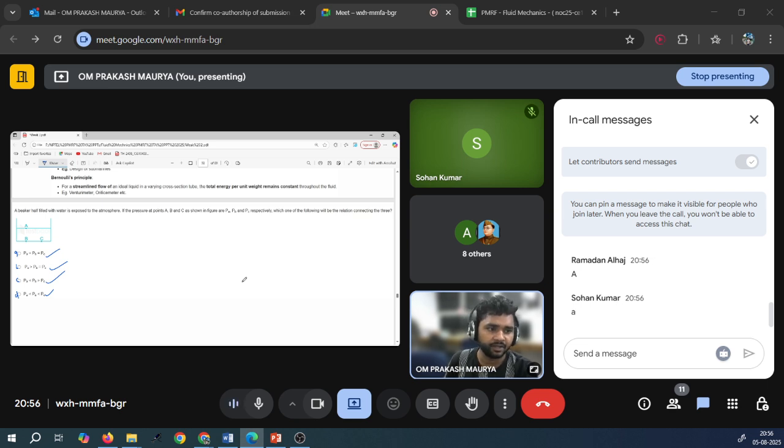Okay, Shohan is telling option A. Ramdan is also telling A. Okay, everyone is telling A. So hope A will be correct.